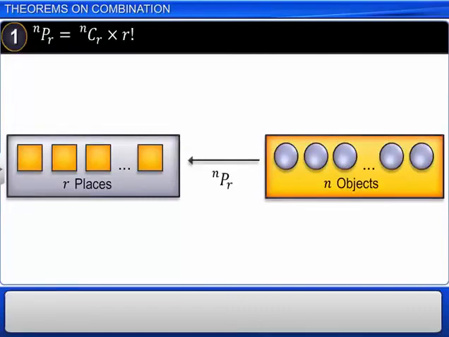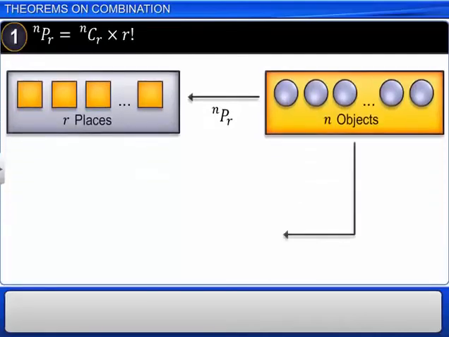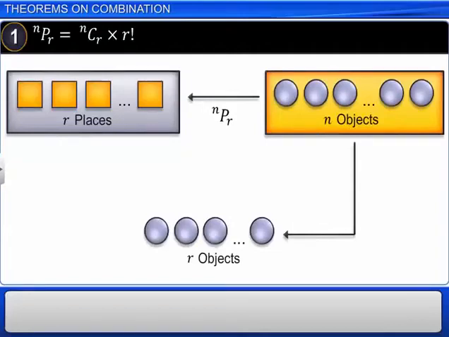Here, we can see that the process is of two events. The first event is selecting r objects from the given n objects. The second event is arranging these r objects in r places. The first event of selecting r objects can be achieved in nCr ways.